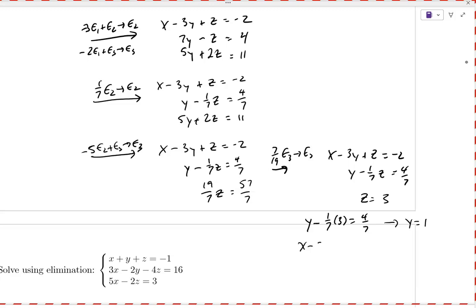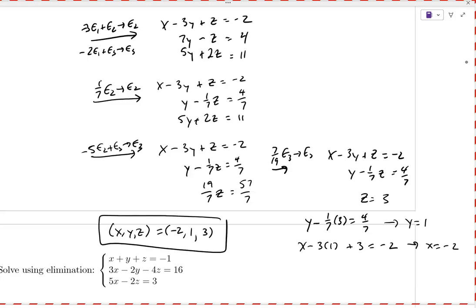And then finally, we can figure out what the x is. Notice when you put in 1 for y and 3 for z, those things cancel each other out. We just get x equals -2. So finally then, our solution will be -2, 1, 3 for those.